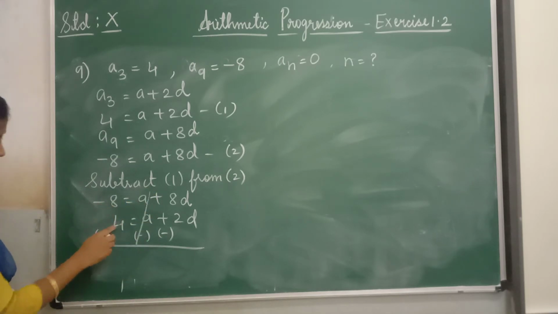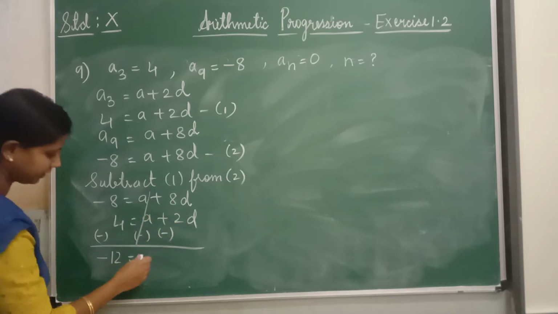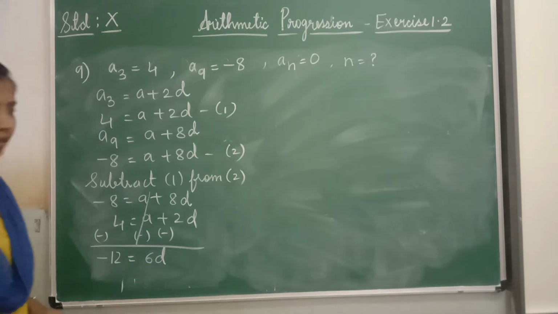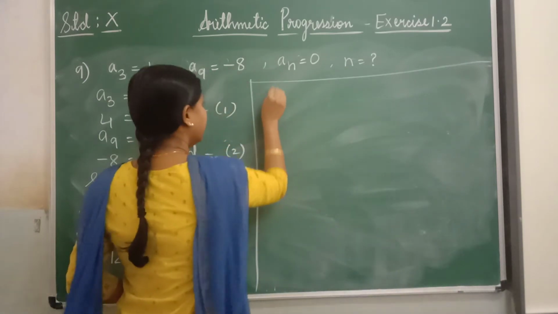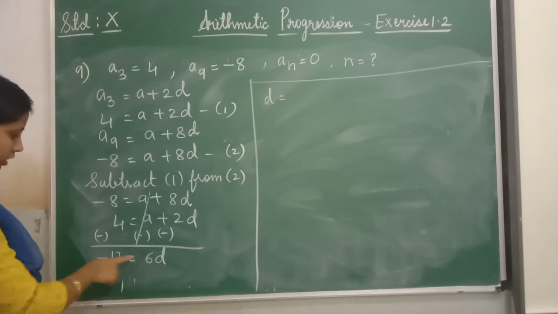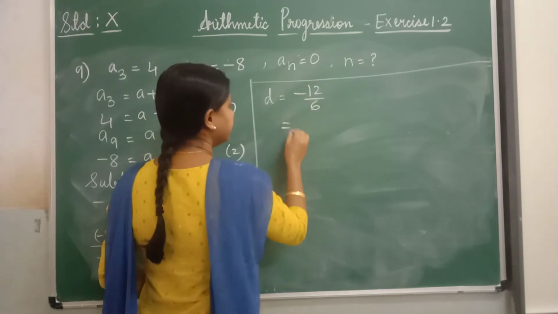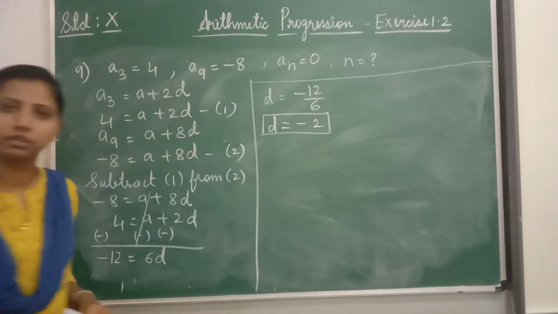Minus 8 minus 4 is minus 12, equals 8D minus 2D, that is 6D. So minus 12 equals 6D, so D equals minus 12 divided by 6, that is minus 2. So we got the D value as minus 2.